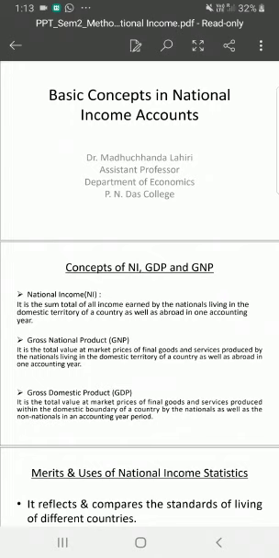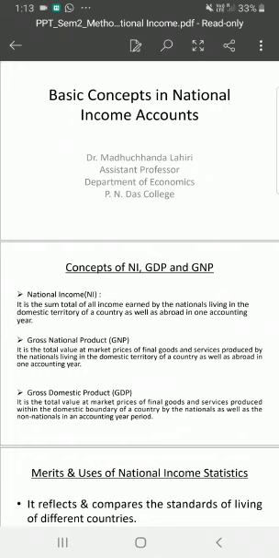Before we proceed, we have to know the difference between two terms: the domestic territory of a country and the abroad, the concept of abroad, or what is the national frontier and what is the domestic territory of a country.